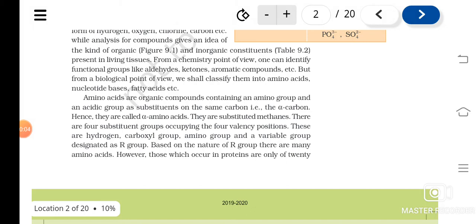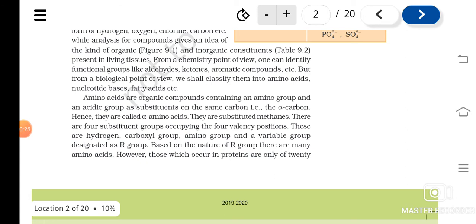In the previous class, we learned about various kinds of biomolecules. I told you there are different biomolecules which make up living organisms. Living organisms are made up of cells, we have studied, isn't it? And we were studying the various components of the cell.